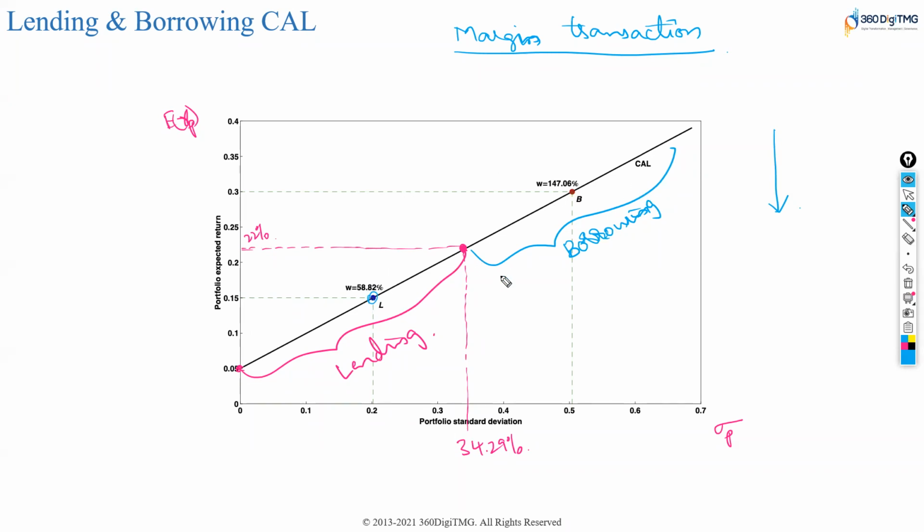Since you're borrowing the money, there's no question about investing in government bonds. You're borrowing money, so obviously it has to be in risky assets. So whether you want to be Lee or Brittany completely depends on your risk aversion factor.